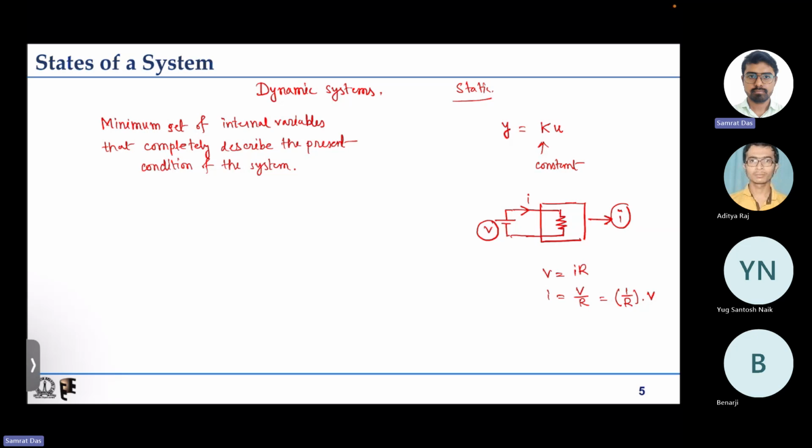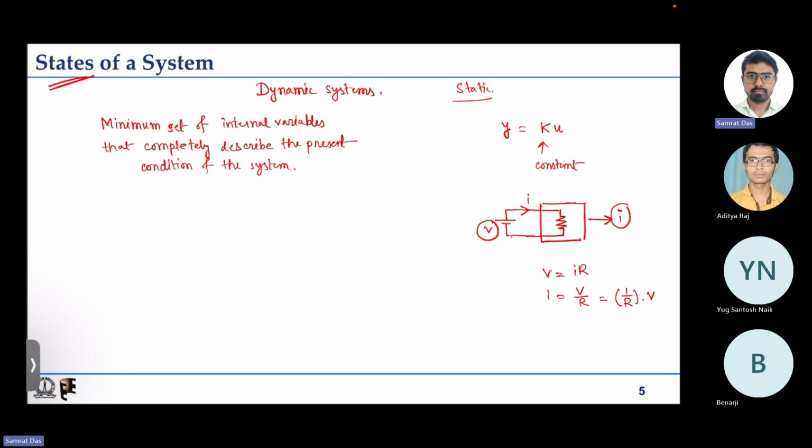That set of variables is defined as the states. What do we mean by state? State is condition. So what is the condition of the system? If we know the values of certain internal variables, then we know the state of the system. In that state, if some input is given, you know what the output is going to be.